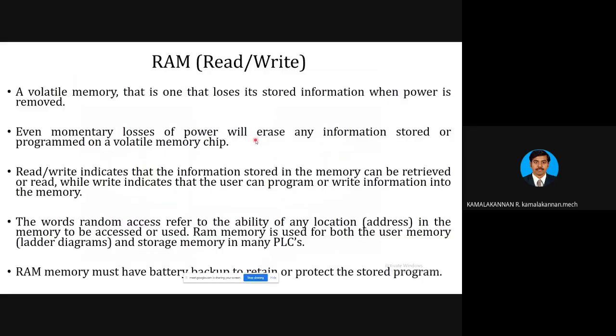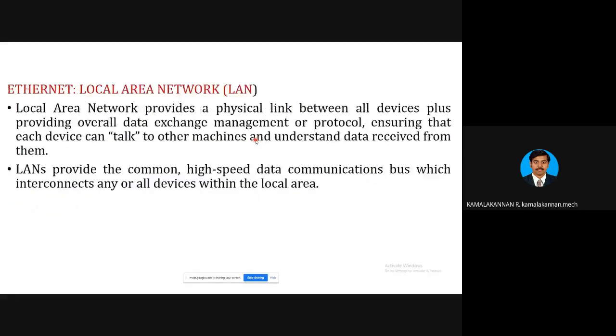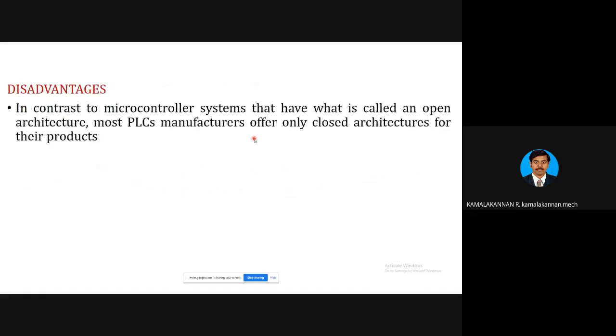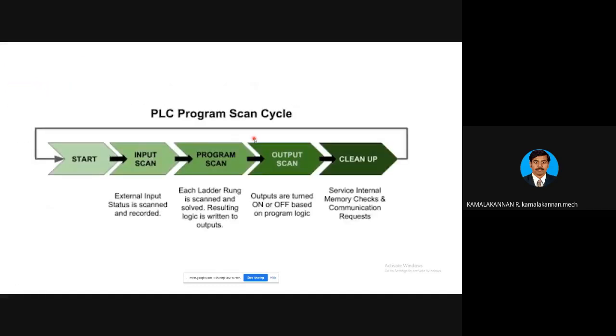We saw this in detail in the last class, even the advantages and disadvantages, everything else. So the next topic is the PLC scan cycle. How it will scan and how it will run. When it gets input, the input will be processed in the CPU. The CPU will compare the input and the output.